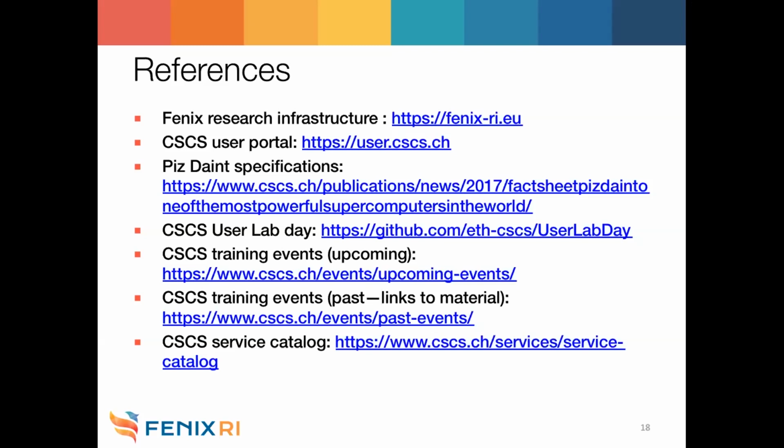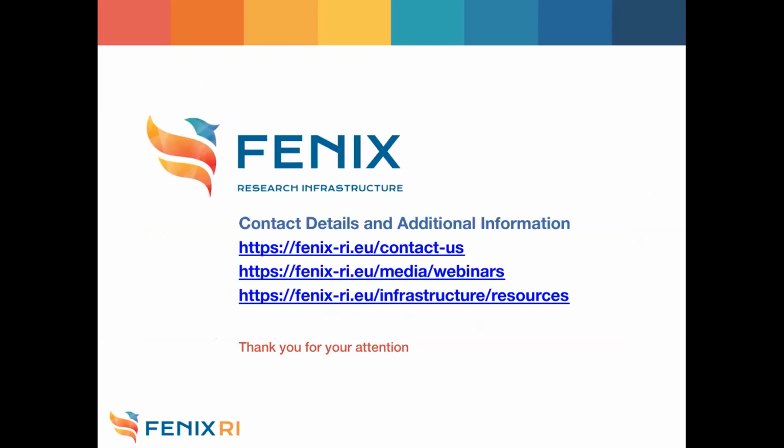It is more than Piz Daint, but the majority of services, especially the application level or data science framework services, are almost exclusively available on Piz Daint. So you can go and have a look there if there is a library, application or tool that you are interested in, because it will be available to you if it is listed there.